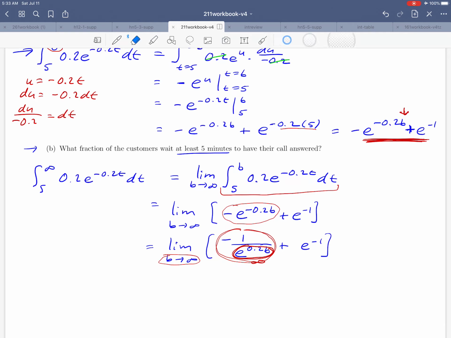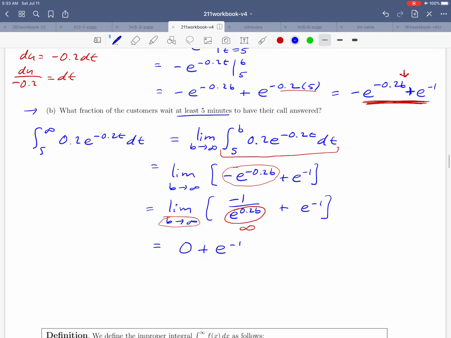It's getting a little bit cluttered with my marking here, so I'm going to rewrite this. So we had negative 1 over e to the 0.2b, and we just made the observation that just the denominator part of that goes to infinity. So if you take a fraction and the numerator stays constant, -1, and the denominator gets bigger and bigger and bigger, the entire fraction actually goes to 0.